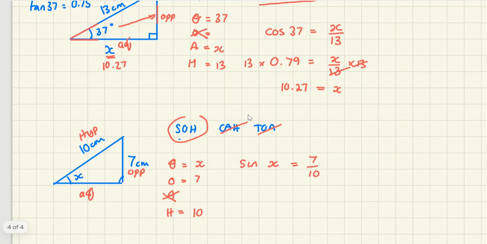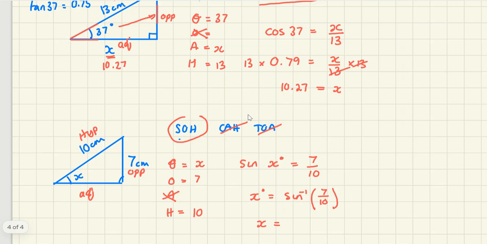So when I want to know what the angle is, X degrees, I have to do the inverse sine of 7 divided by 10. How are you doing that?